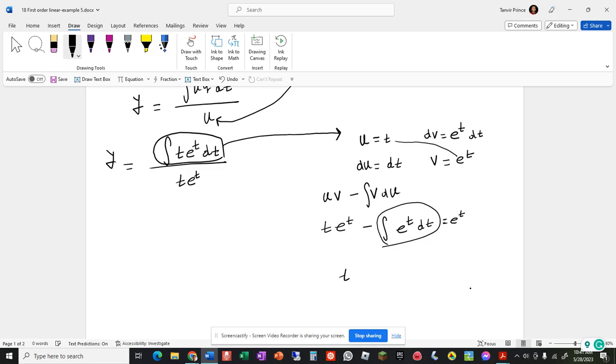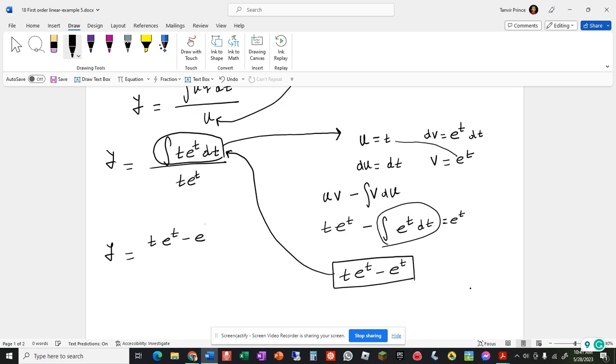So what I have here is t e to the t minus e to the t. So that goes on the top. So t e to the t minus e to the t, but don't forget plus c. You have to have that constant of integration when you find y, divided by t e to the t.